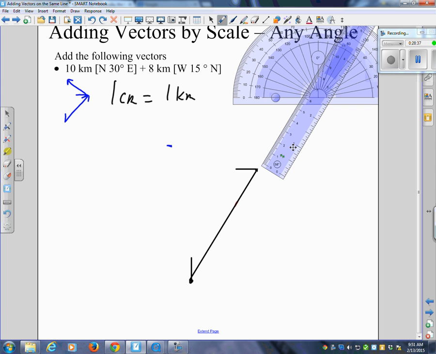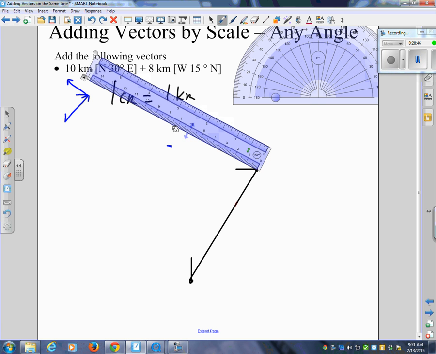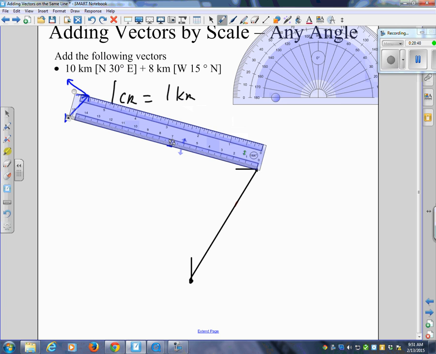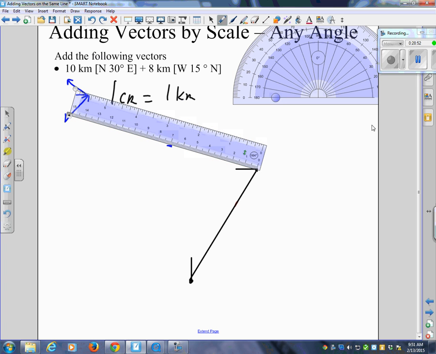My 0 there. And I'm going 8 centimeters, right? That's north of west, yes. Or west 15 north. And I'm going 8 long, right?